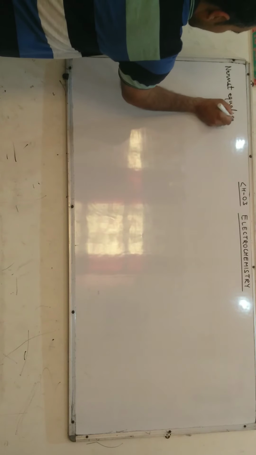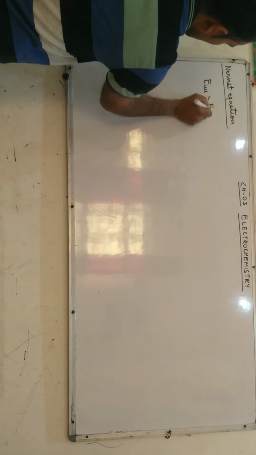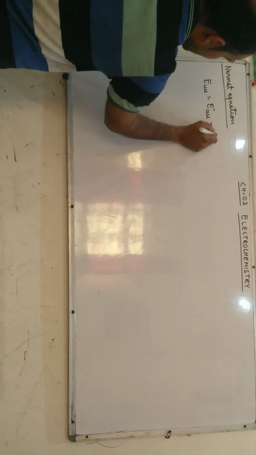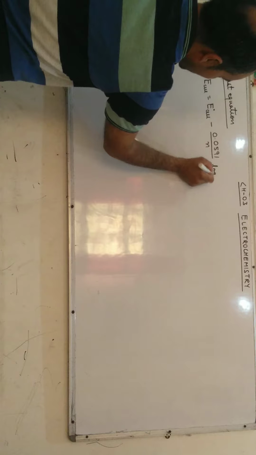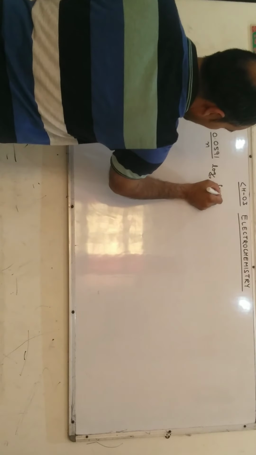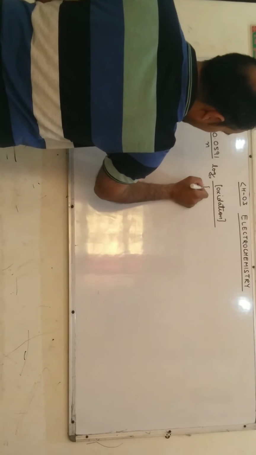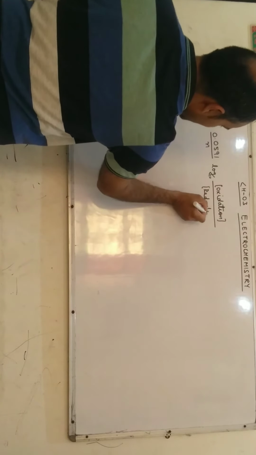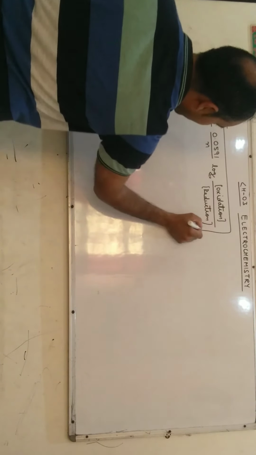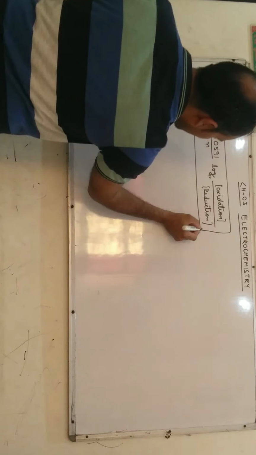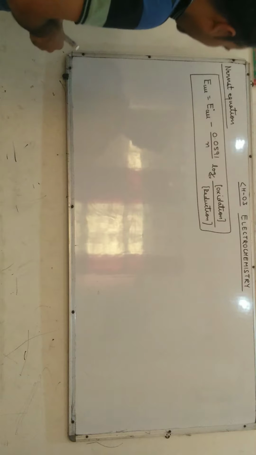According to Nernst equation, E cell is equal to E naught cell minus 0.0591 upon n log base 10 concentration of oxidation by concentration of reduction. It is the Nernst equation by which we can solve numericals given in NCERT. Here one thing must be noted, temperature is 298 Kelvin and pressure is 1 atm.